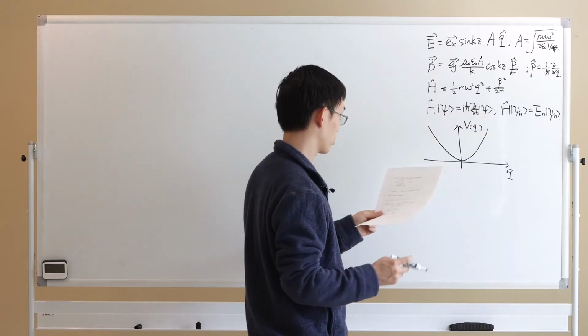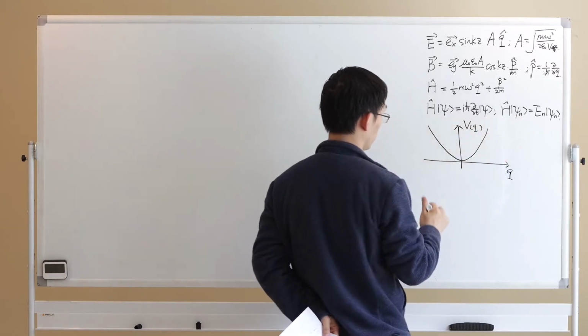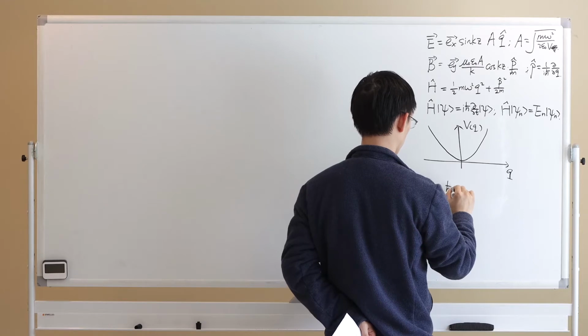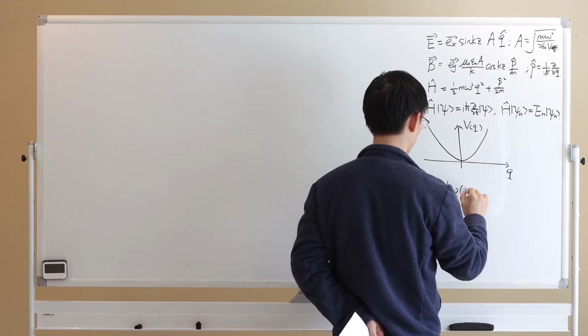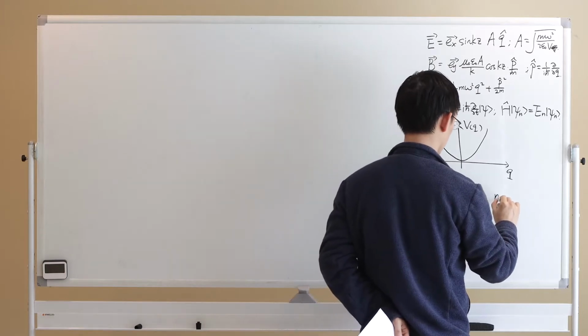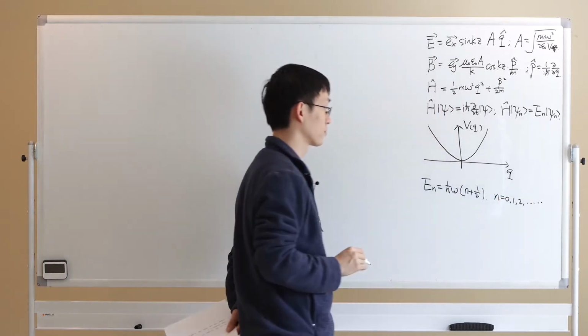If you really solve this equation, you will see E_n is equal to h bar omega times n plus 1/2, and n equals 0, 1, 2, and keep going.